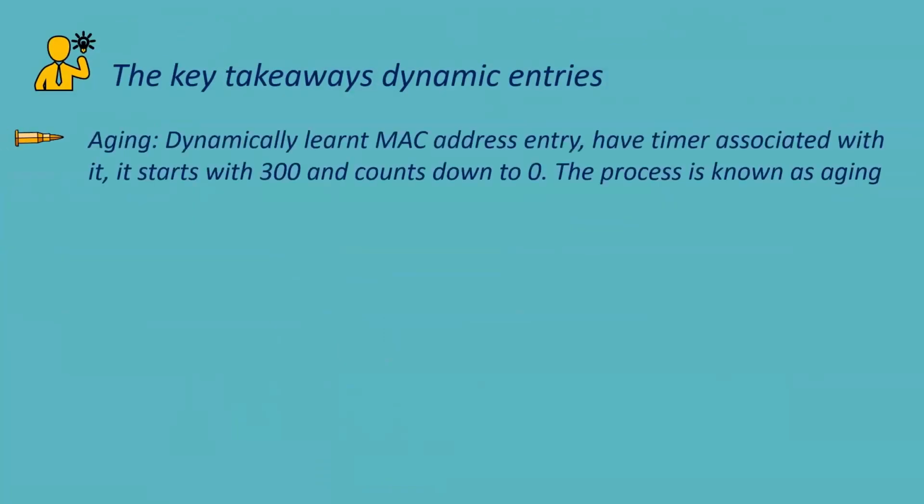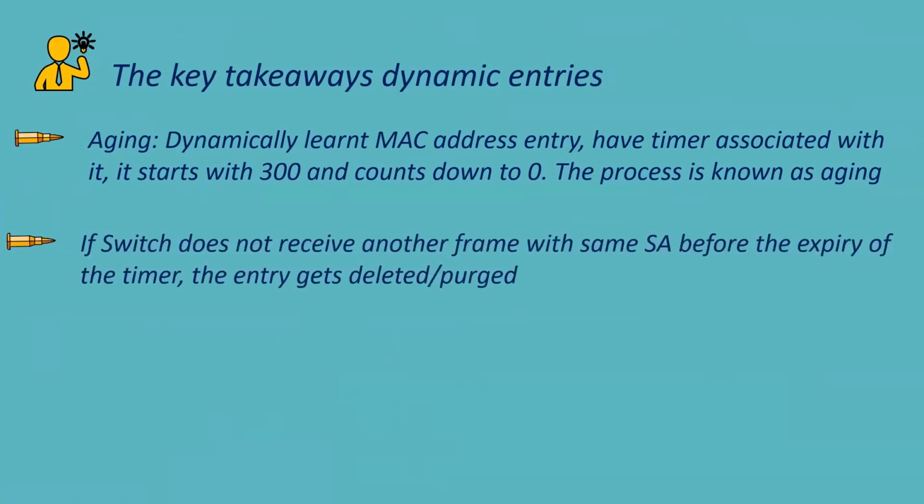So the key takeaways for dynamic entries. Dynamic entries get learned. They have a timer associated with them, 300. They count down from 300 all the way to 0. This process is known as aging. If, before the expiry of the timer, another frame does not arrive with the same source address on the same port, the entry will get deleted or purged.